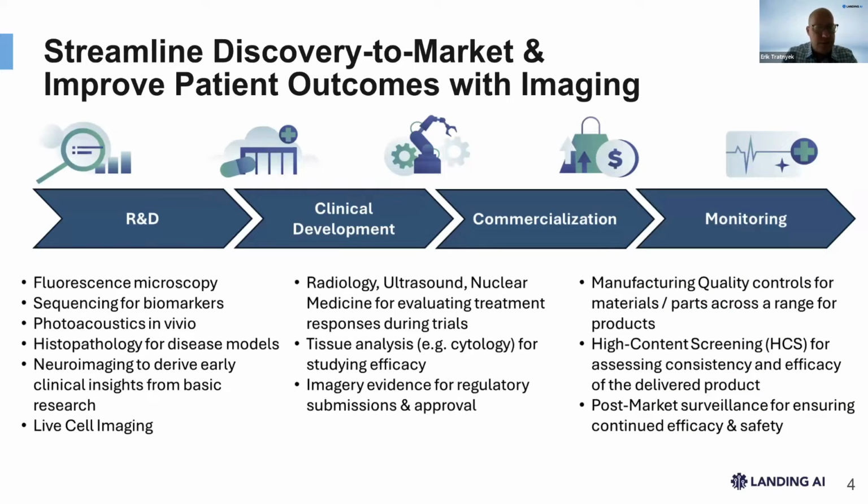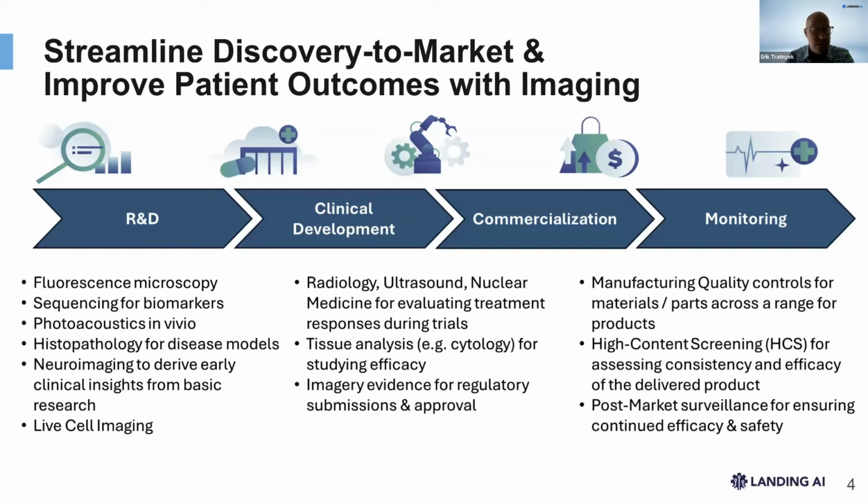And so let's talk a little bit about the types of images and how they align to the various stages of life science development. So within R&D, it's pretty common that you would see fluorescence in microscopy imagery. You could be doing sequencing for biomarkers. You'll see neuroimaging. Often that's used to derive early clinical insights from some of the basic research you're doing.